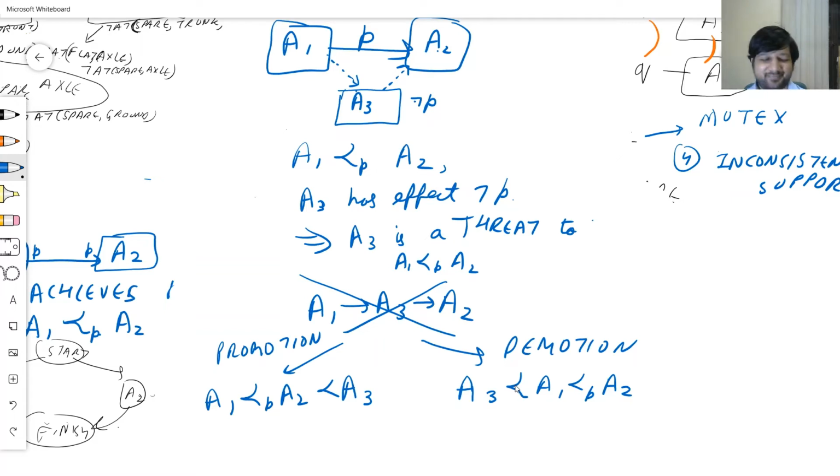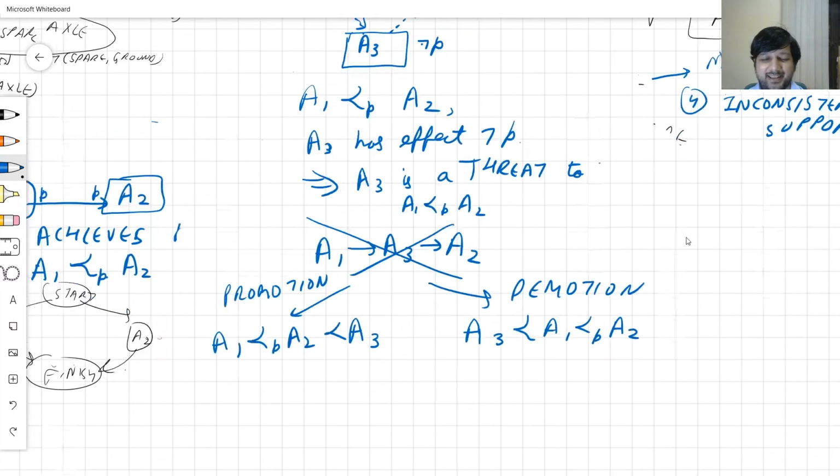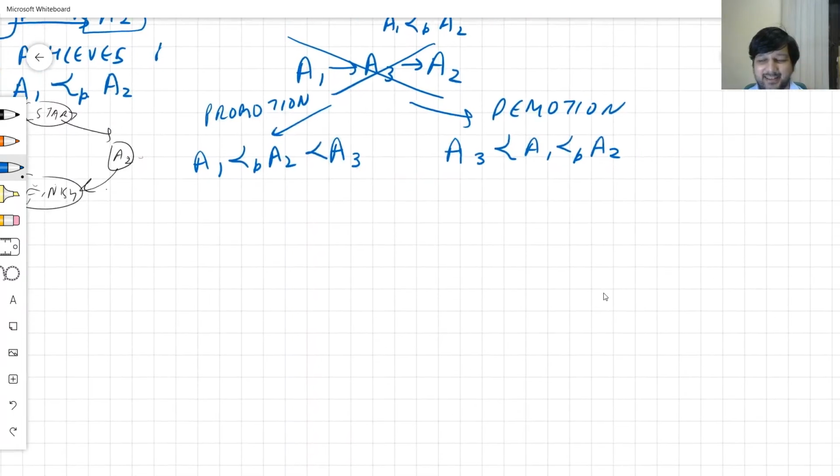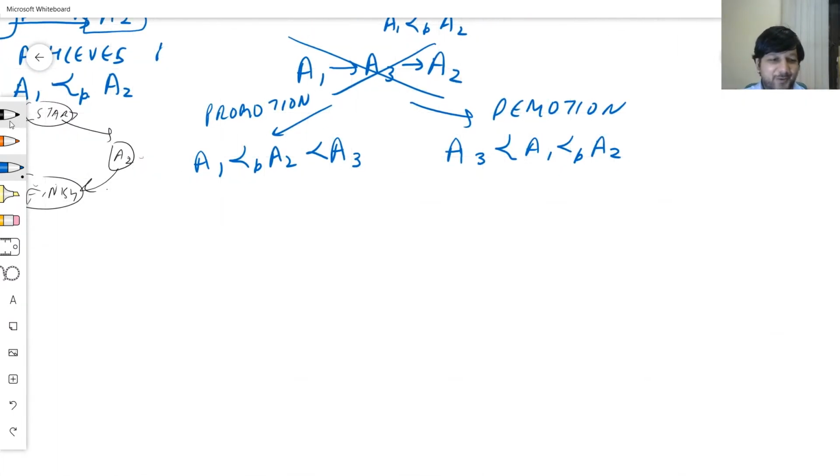So this example was pretty complicated. Let us study it with another English language example very quickly. I say that I have an action called start AI notification.